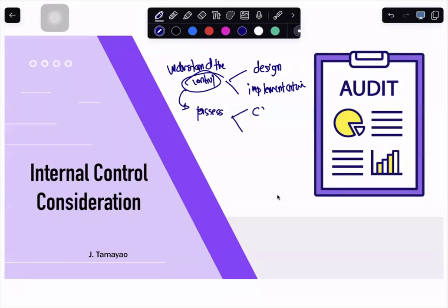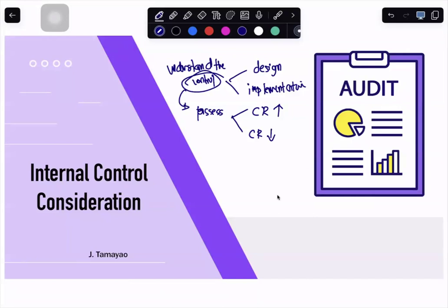So if the auditor thinks that the control risk is high or the control risk is low based on that preliminary assessment. Now, if you still remember, this particular assessment tells you the direction of your testing or the reliance that you will use on your testing.